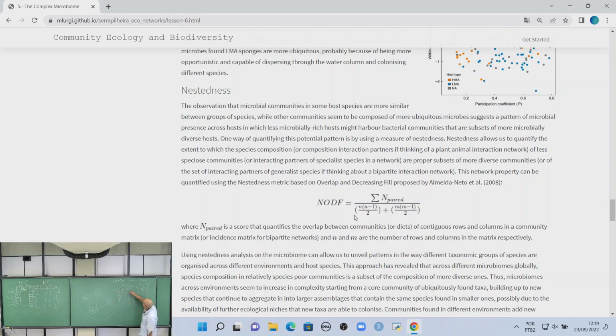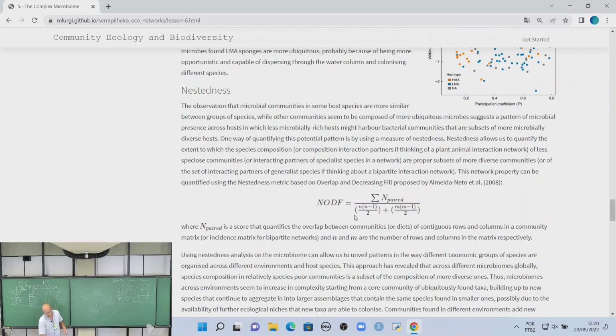In community 2 we have this. In community 3 we have this. 4, 5. So all of the species in each of the less rich communities are a proper subset of the species in the richer communities, let's say.